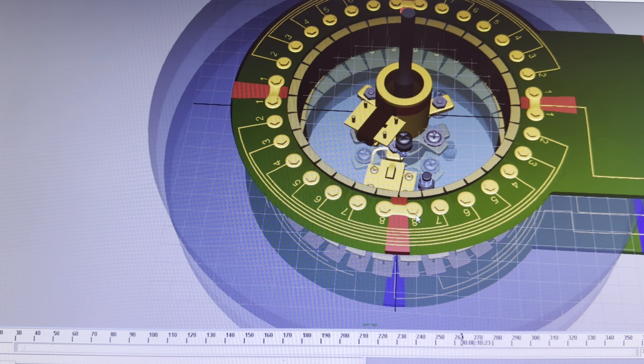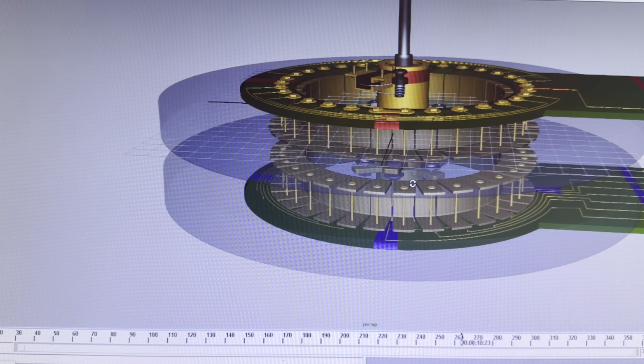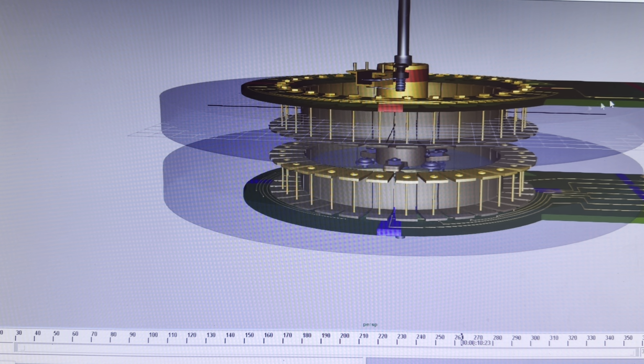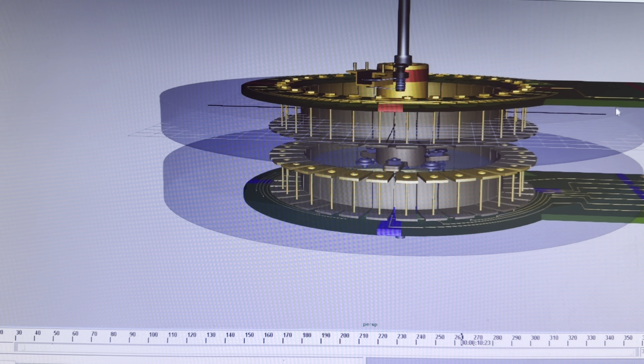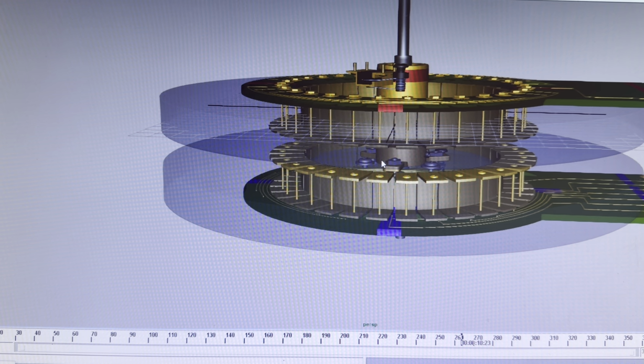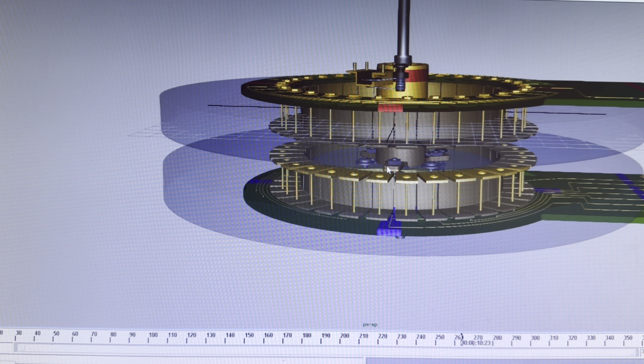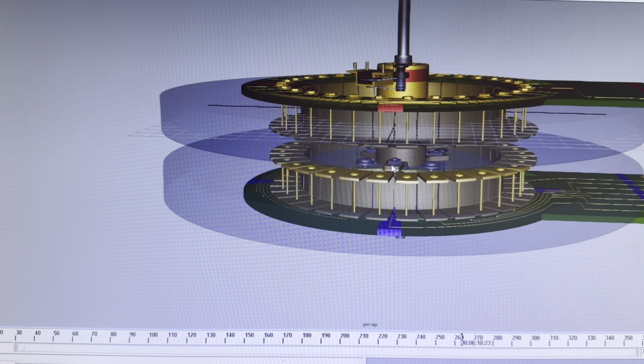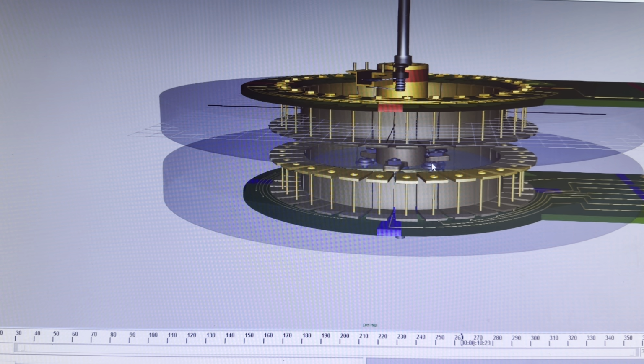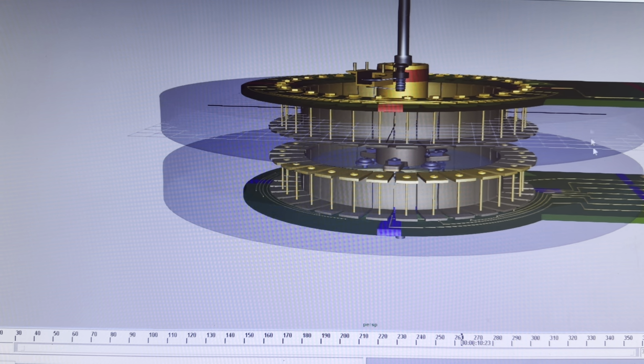So no matter if we have the commutators and the PCB boards opposite, we'll still get the sequence perfectly aligned. Again, the boards have to be perfectly aligned.